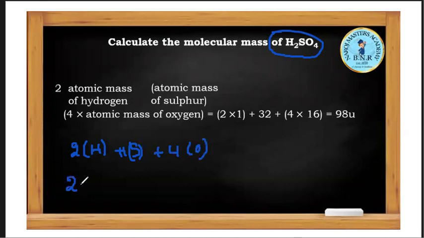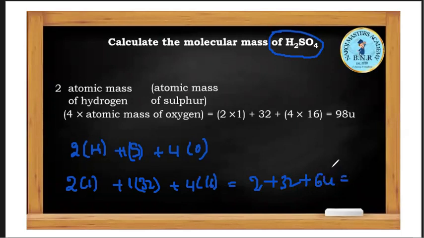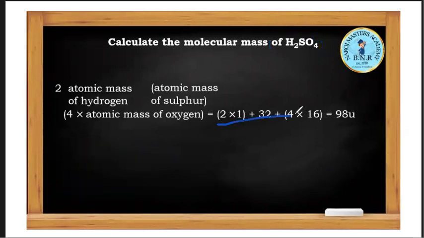Okay, 2 into the hydrogen atomic mass of 1, plus 1 into the sulfur atomic mass of 32, plus 4 into the atomic mass of oxygen, 16. So 2 plus 32 plus 4 into 16 is 64. That equals 98 units. Very easy answer, which is already given here.